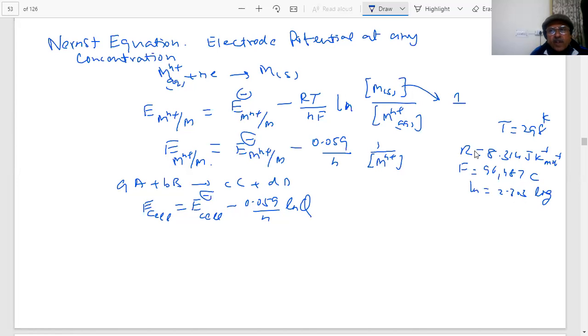What is Q? The reaction quotient, we have studied in the chapter of equilibrium. Q is C power c, D power d, divided by A power a, B power b.